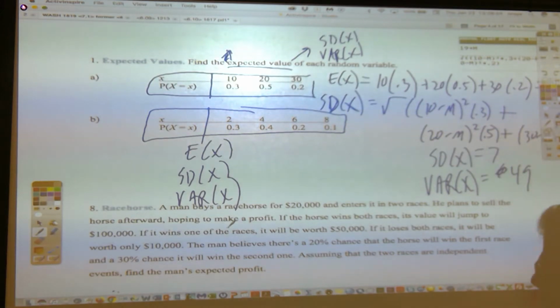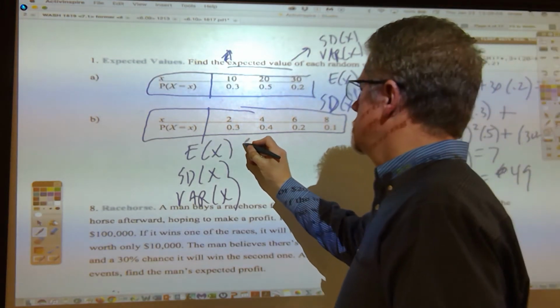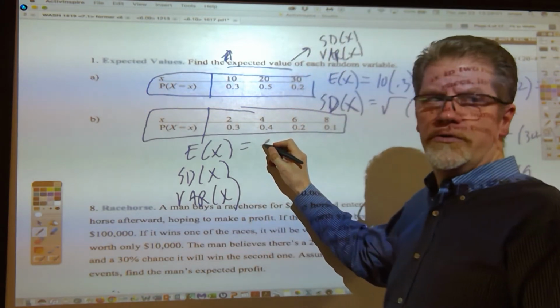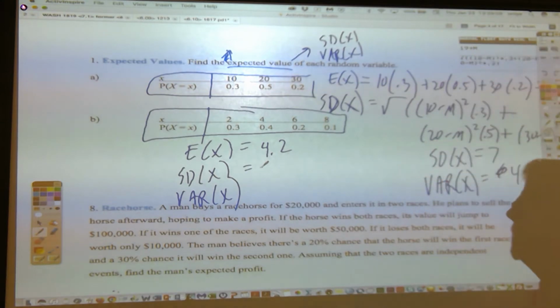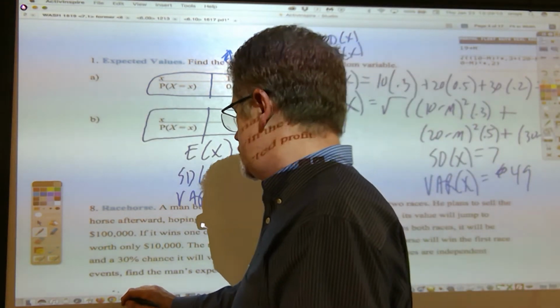What did you get? Okay, so did I. Are people getting 4.2 for the expected value? Yes. Okay. So the expected winnings are 4.2. Store that in M, then calculate standard deviation.